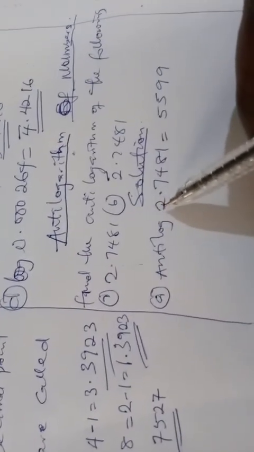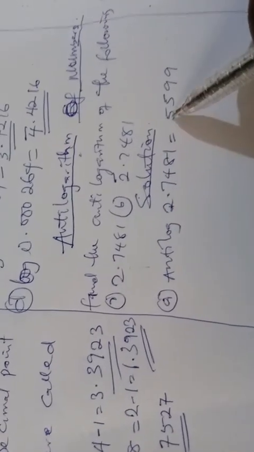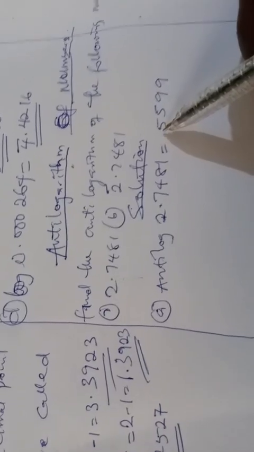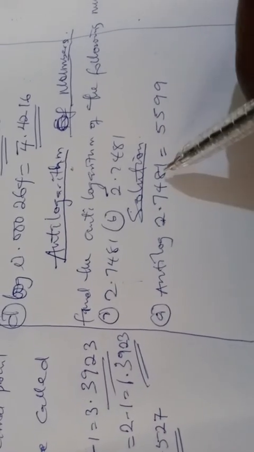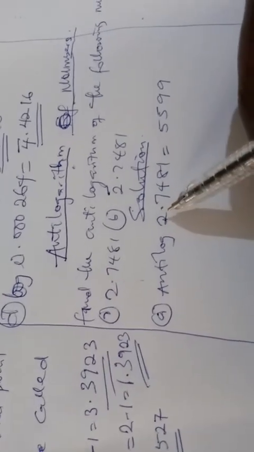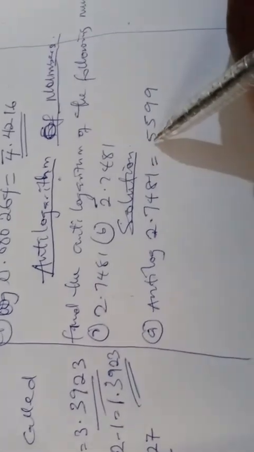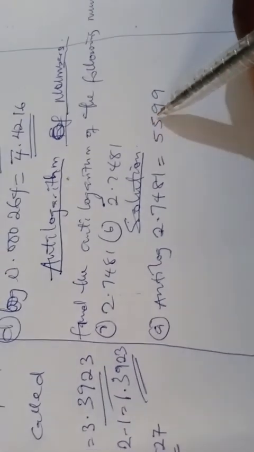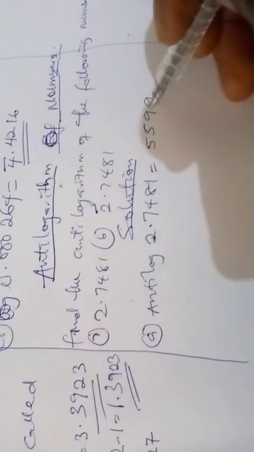By the time you add 1 to it, it becomes 3. So from here, you move your point: 1, 2, 3. Your point will be here. This is the antilog.